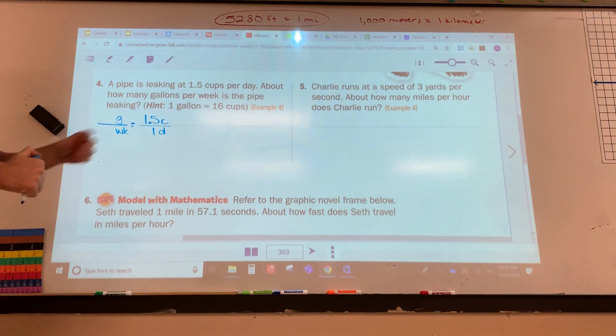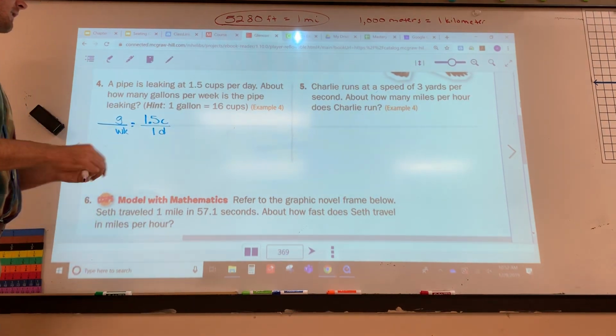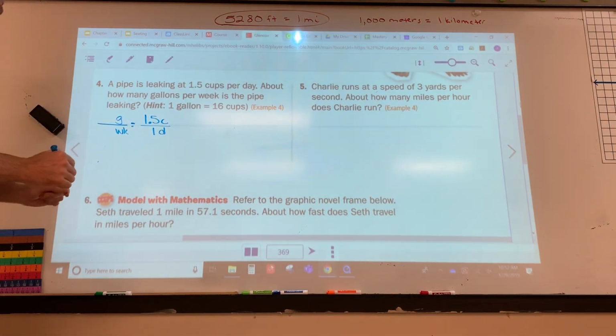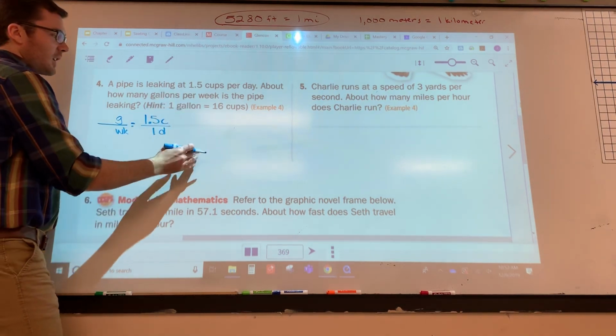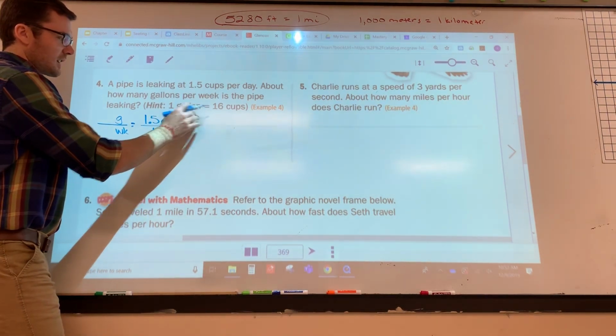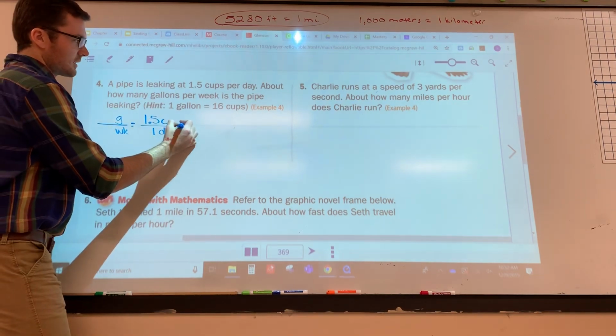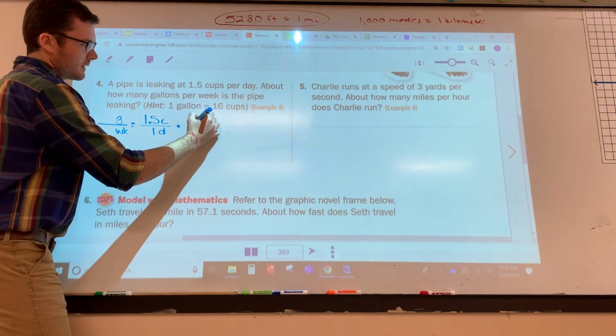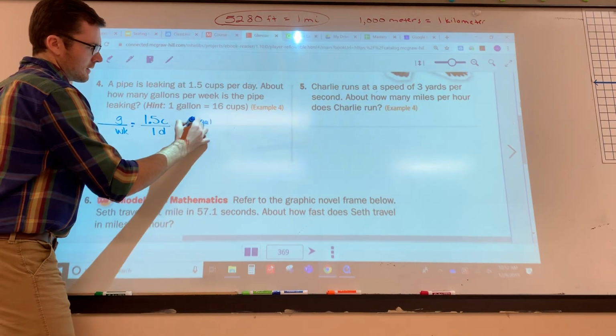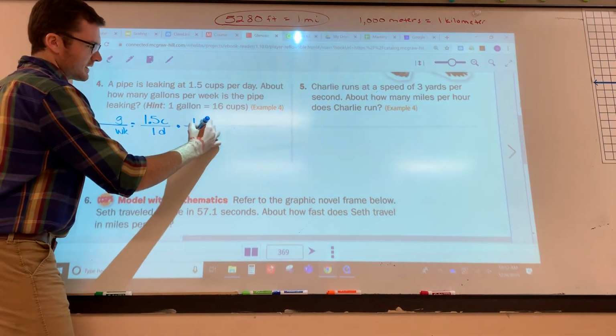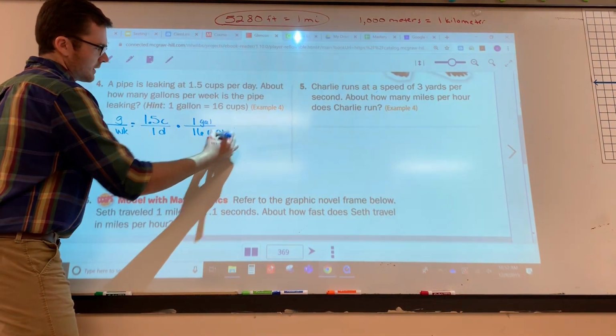So since they gave us gallons and cups, I'm gonna go ahead and get rid of the cups first. I'm gonna put the cups on the bottom and put the gallons up top, because when I cross cancel, I wanna get rid of the cups and turn it into gallons. So 1 gallon is the same as 16 cups.